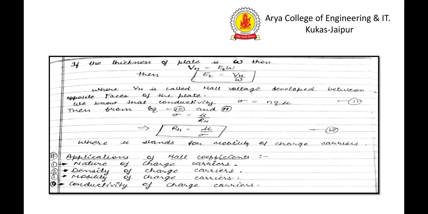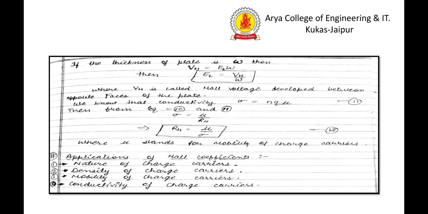We know that conductivity sigma is equal to nq mu. Then from equation 10 and 11, we can write sigma is equal to mu upon R_H. This implies R_H is equal to mu upon sigma.